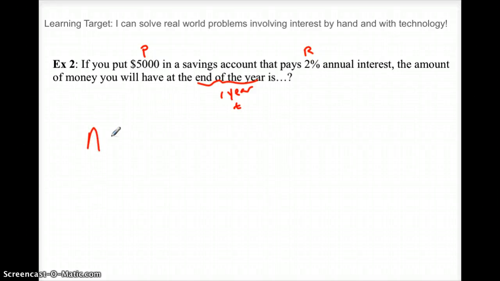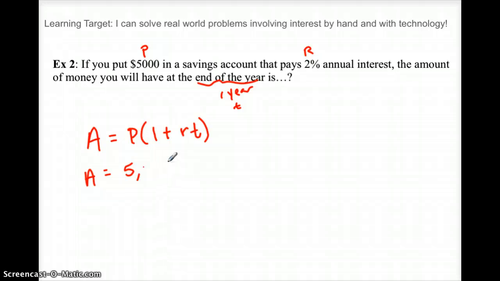So I'm going to use this formula that gives me the total amount. A equals P times (1 plus r times t). Okay, so my principal will be 5,000. My rate, make sure that I convert it to 0.02.